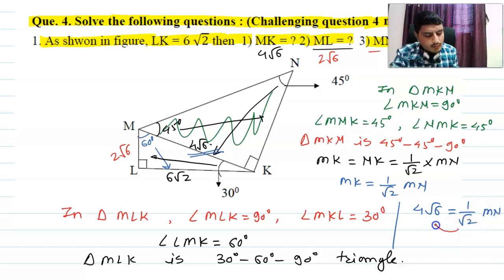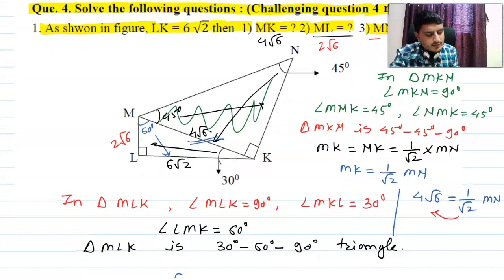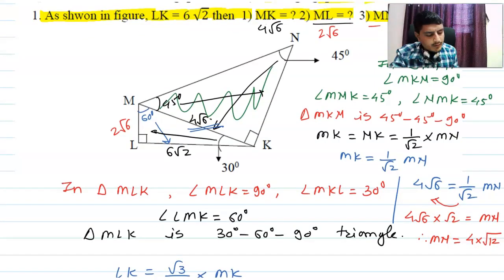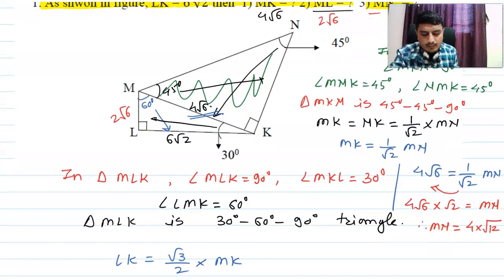Once we shift root 2 from RHS to LHS to evaluate the value of MN, we get 4 times root 6 into root 2 equals MN. So we can write the MN value as 4 into root 6 into root 2, 6 2s are 12, under square root. Let's simplify further.